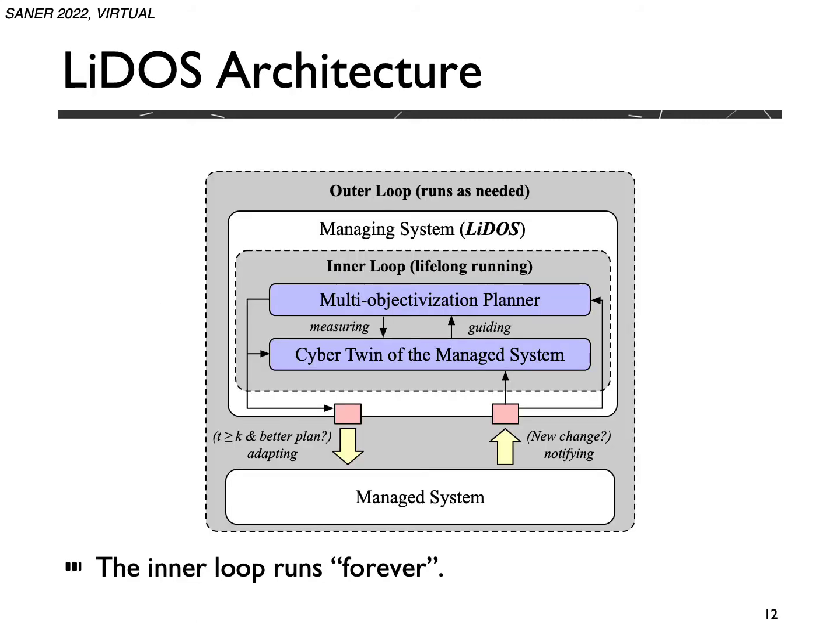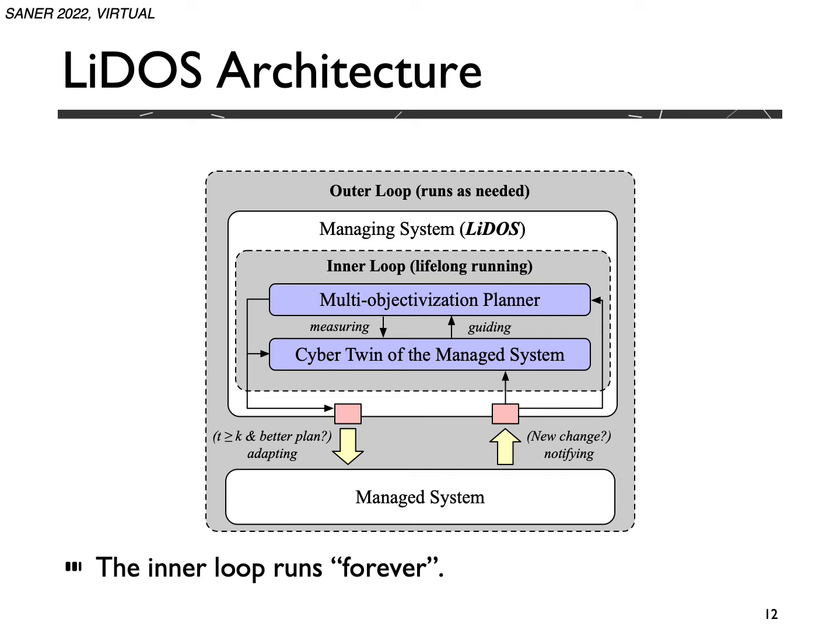So this is the architecture of Lidos, and it contains 2 different loops. Lidos is actually running as a managing system, and it will control the system being managed. On the outer loop, it's a typical SAS loop where we adapt the managed system when we reach a measurement interval, so that we won't adapt too frequently.